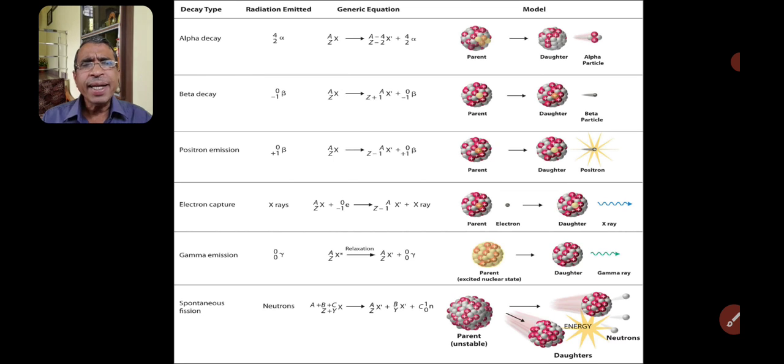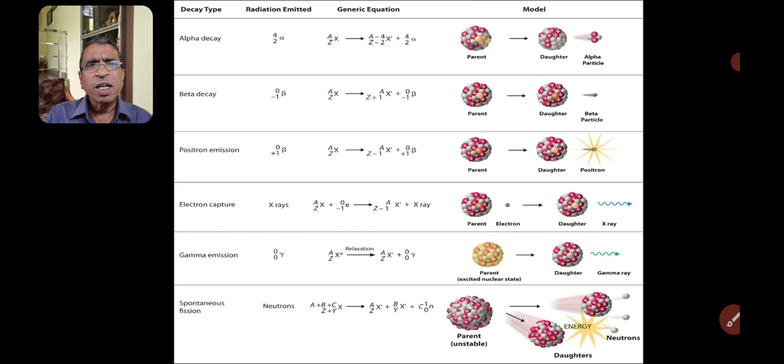Now coming to the electron capture. Electron ejected is beta decay. Electron capture is where a beta particle is added to the nucleus.